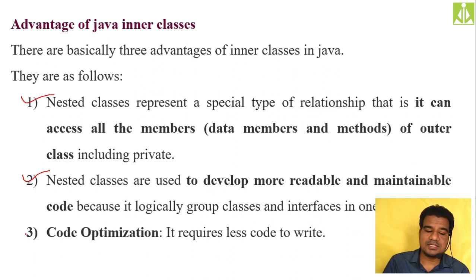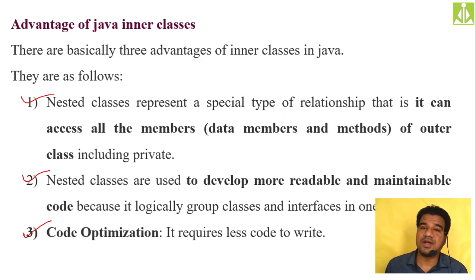Then the last one, code optimization. By grouping the interfaces and classes together, you can avoid unnecessary code. Let us assume that you are writing some methods repeatedly in a number of logically related classes. Those redundant methods you can easily remove.